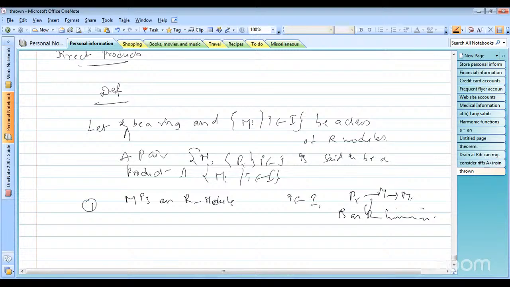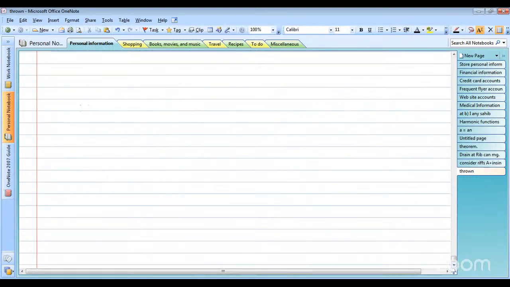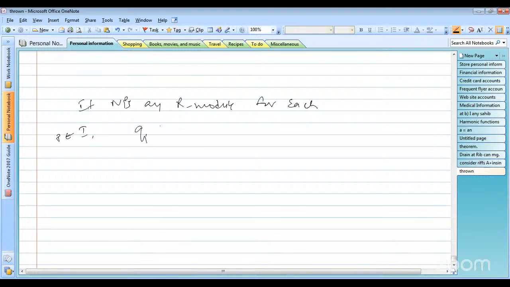Then if N is any R-module, for each i belongs to I, Qi, that is N maps to Mi, we are taking here.